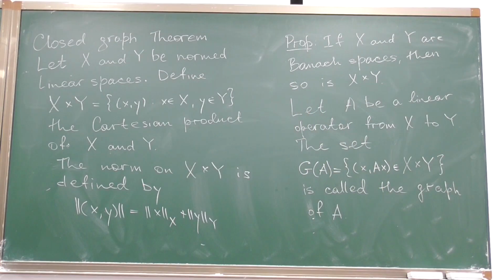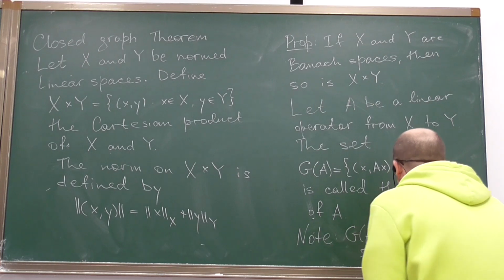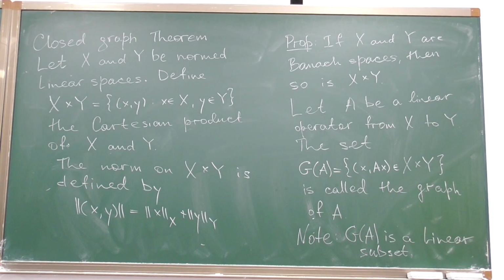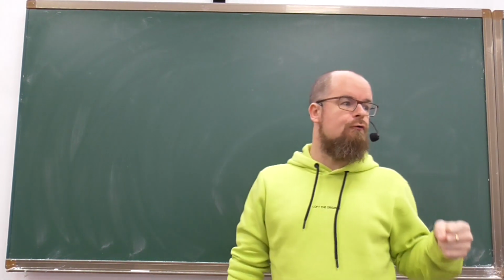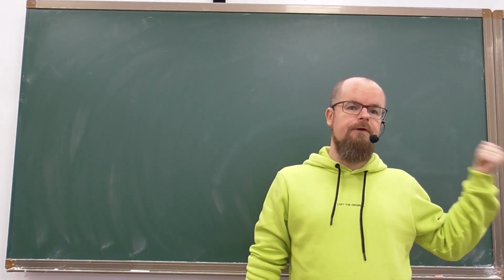From the linearity of X and A, it follows that G, the graph, is a linear subspace. And let us call an operator closed if its graph is a closed set.